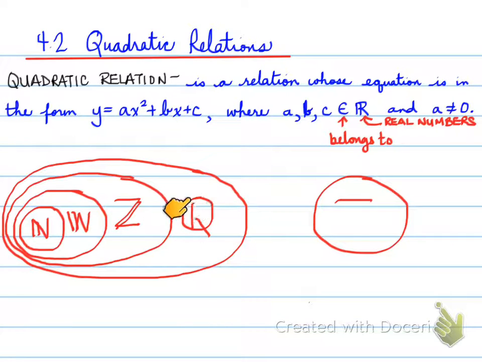Quotients, or rational numbers, i.e. fractions, contain integers. Integers contain whole numbers. Whole numbers contain natural numbers. So our world is now expanded to include all possible rational numbers, anything that can be expressed as a fraction.